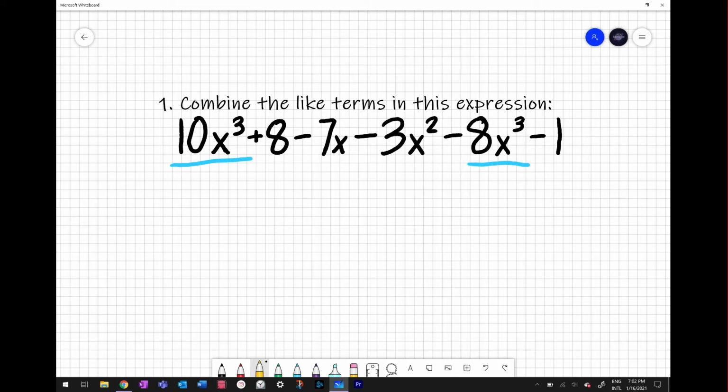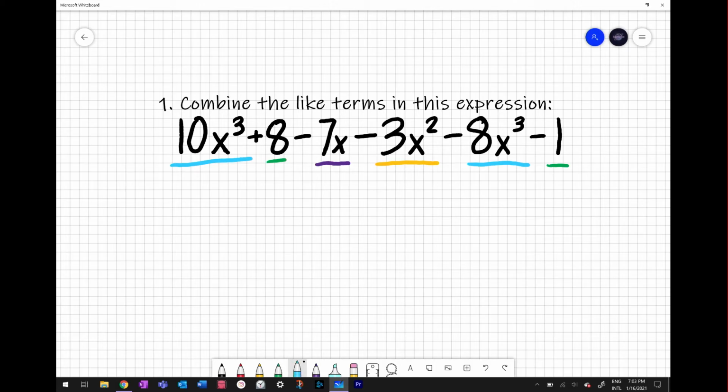And then look for the second highest, which in this case is just x squared. And there's only one value that has a squared, and that's 3x squared. And then look for the next one, which is just x. Once again, there's only one, which is 7x. And finally, make your way to the constants, which is just 1 and 8.